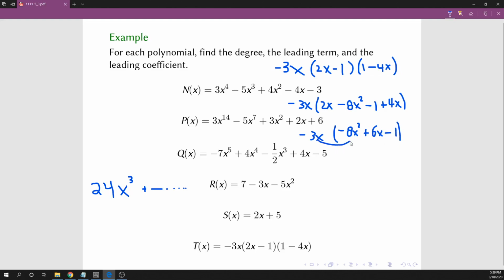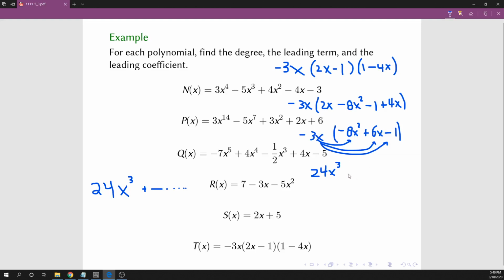And then I would have to distribute this minus 3x through the parentheses. So when I do that, I will get 24x cubed, because negative 3 times negative 8 is positive 24, x times x squared is x cubed.